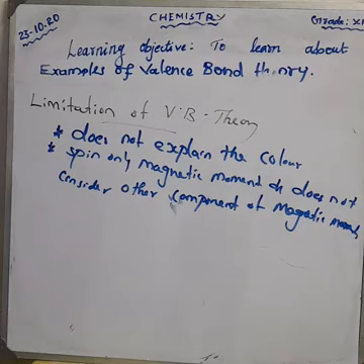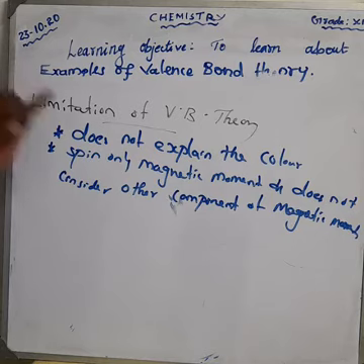Are two points enough? Those who are interested should learn the third one also. The first one is color, the second one is that it considers only spin only magnetic moment and not the other components.